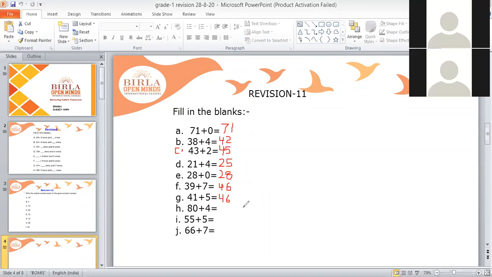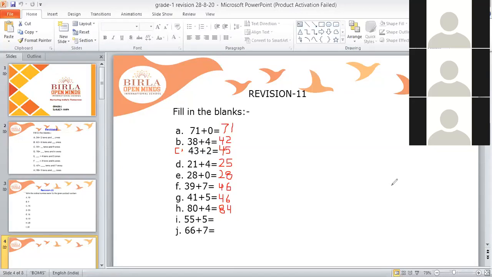What is that? 84. 80 plus 4 equal to 84. That's the correct answer. So we'll write here 84.